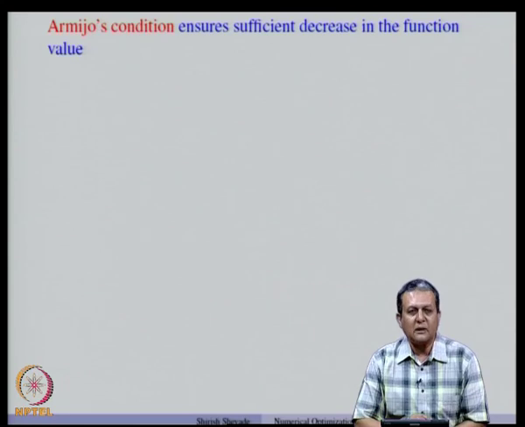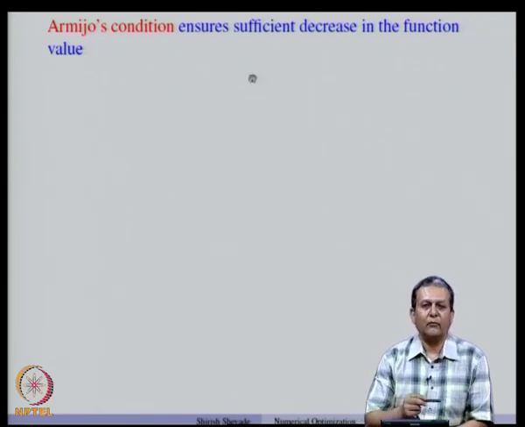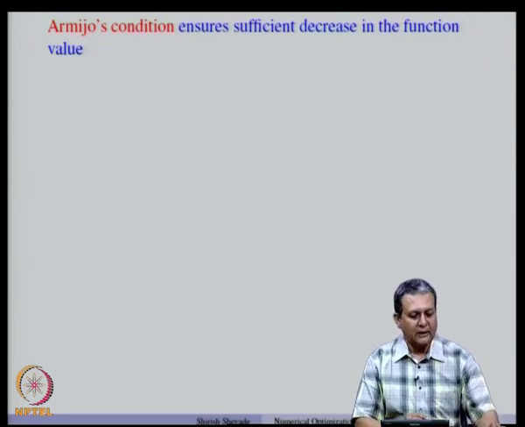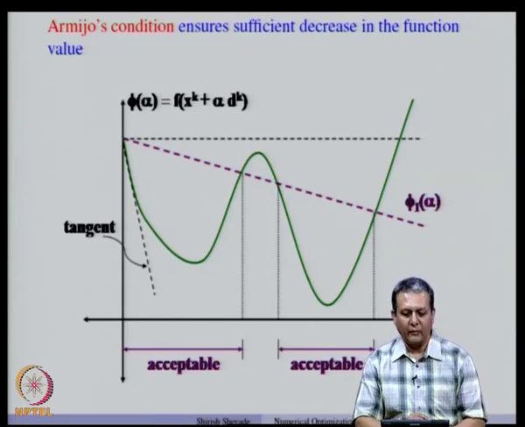Now, one of the conditions which was proposed sometime back by Armijo, that condition ensures that there is a sufficient decrease in the function value. So, let us see with respect to the same function phi alpha what goes on.